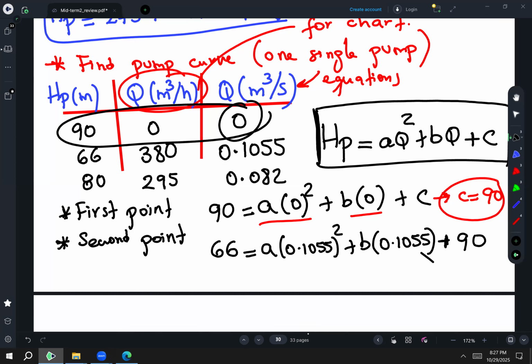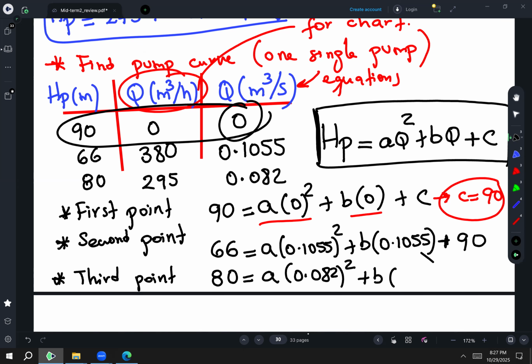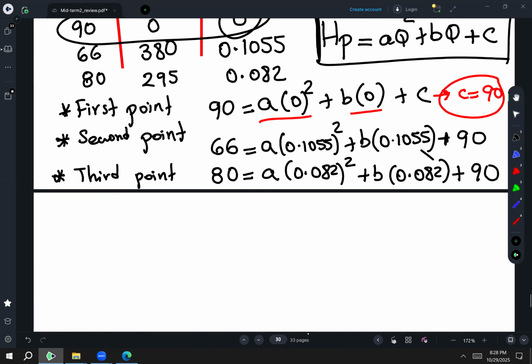And then finally, the third point is 80 is equal to A times the flow 0.082 squared plus B times 0.082 plus 90. So here I have two unknowns and two equations, and I think this should be straightforward to solve.